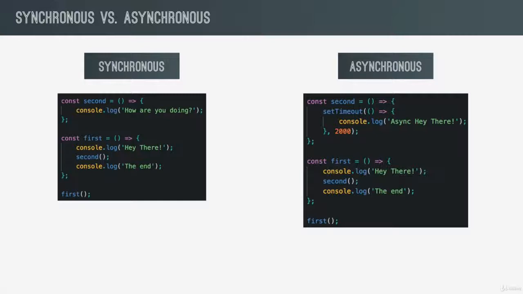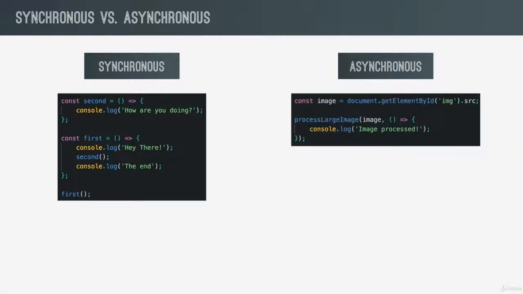Now, why does the code move on instead of waiting for the timer to finish? Well, before I show you how and why this actually works behind the scenes, let me quickly show you another example. So, suppose we select an image from our DOM and pass it into a processLargeImage function that we created. Now, we know that this function is going to take some time to process the image.